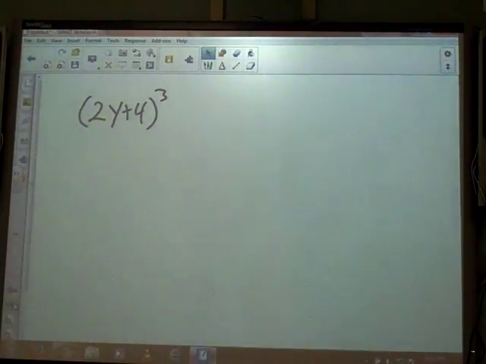Can we work this out on the board? I think I might have it. 8y cubed plus 40y squared plus 96y plus 4.